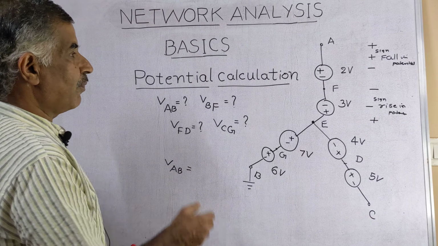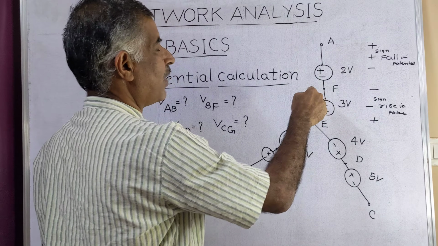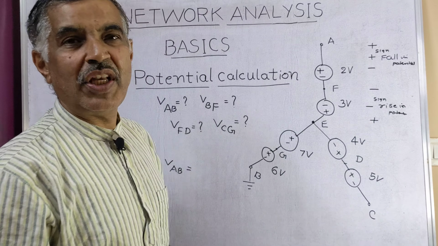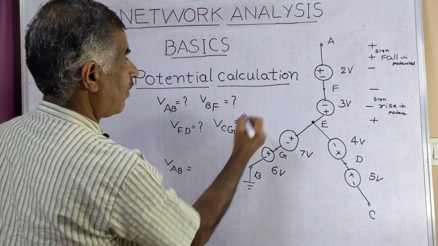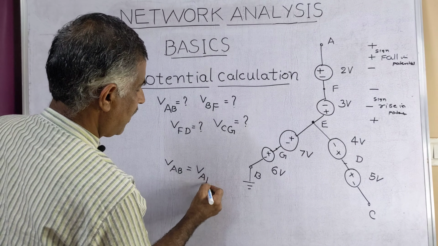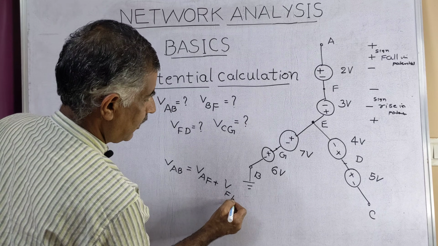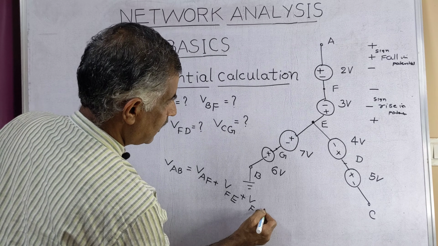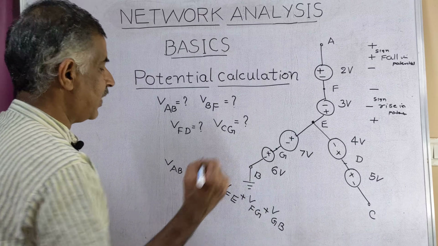Now, VAB: make a journey from A to B. We have to make a journey like this. This is the only path. So from A to F, from F to E, then from E to G, then from G to B. That makes VAB.